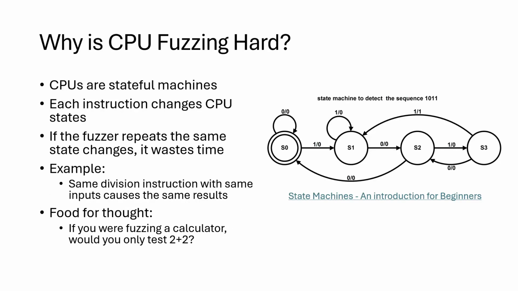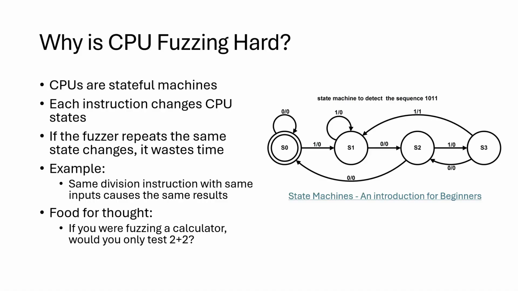Now, why is CPU fuzzing especially hard compared to, for example, software fuzzing? CPUs are stateful machines, and what this means is that every instruction changes the internal state of the CPU, such as registers, the memory file, the execution flags, what's currently in the flip-flops, things like this.